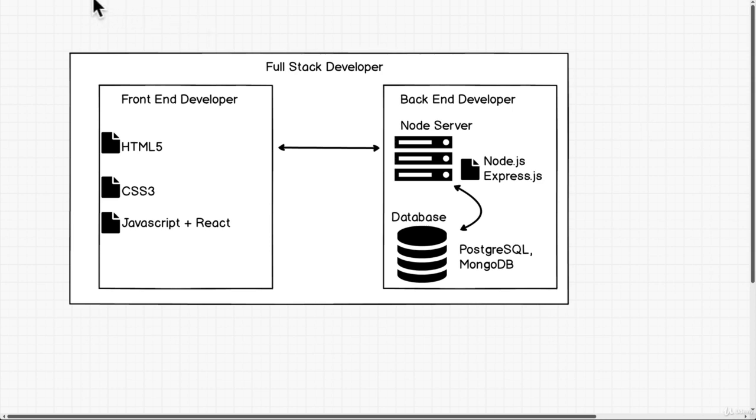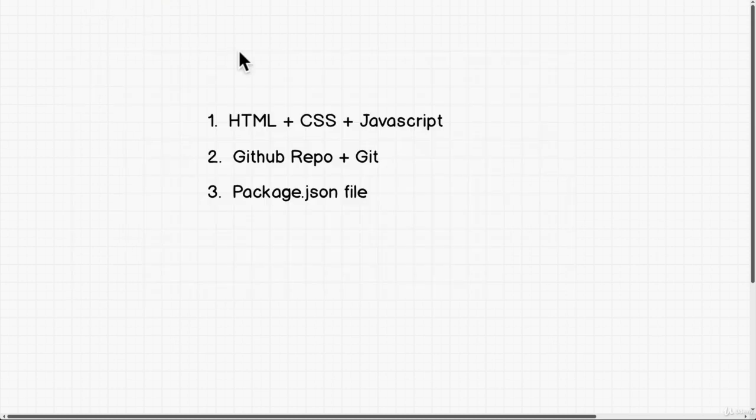Now you might be asking yourself, why are we learning this in this course? I mean, is it really that important? Yeah, actually, there are 3 must-do things now when starting a project, and you'll see it in every single project. One is that they have an HTML file, CSS file, or JavaScript file.